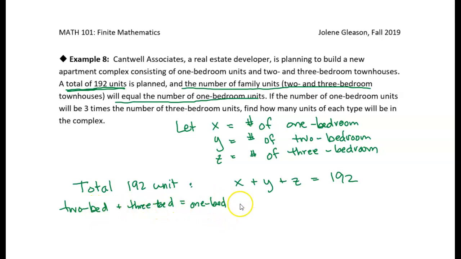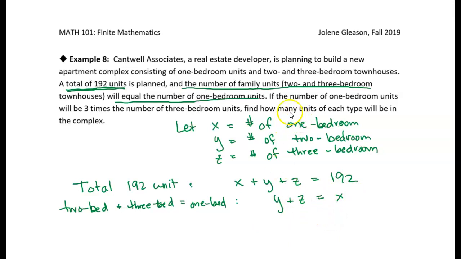Okay, so that's kind of how it looks in words. But my 2 bedroom units, that's y, plus the number of 3 bedroom units has to be equal to the number of 1 bedroom units. So that's how I can write it as an equation.